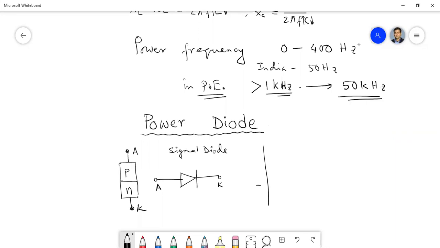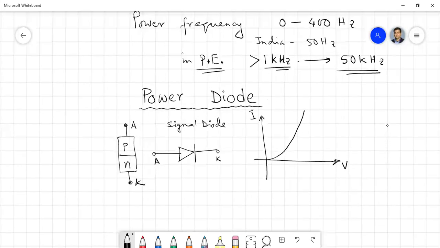Electronics people are very familiar with IV characteristics rather than VI characteristics. We electrical people draw VI characteristics, but they draw the IV characteristics like this. So this is a simple signal diode which you have studied.